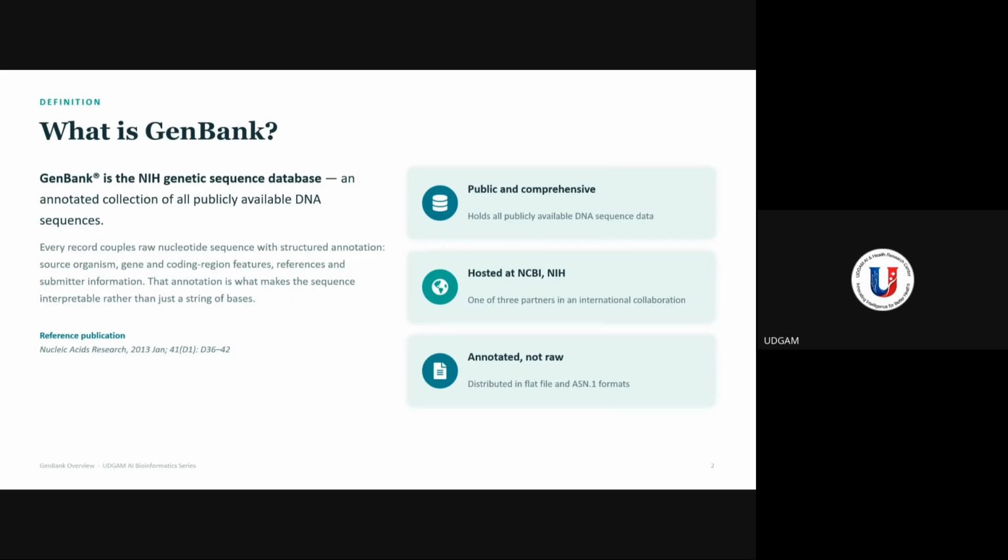The formats available are structured formats: flat file and ASN.1. The distribution formats are called flat file, which is human readable, which we will read in a few minutes, and ASN.1, which is a structured, machine-oriented format. NCBI uses this format internally and distributes it for bulk consumers.